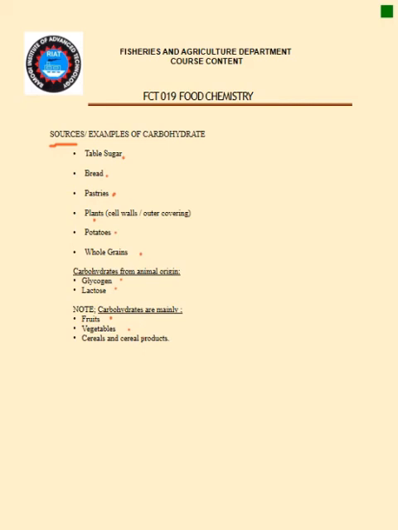The only carbohydrates not from plant origin are glycogen and lactose, which is normally present in milk. Otherwise, we can generally say that some of the examples of carbohydrates are things like sugar, bread, pastries, plantain, potato, and whole grains.